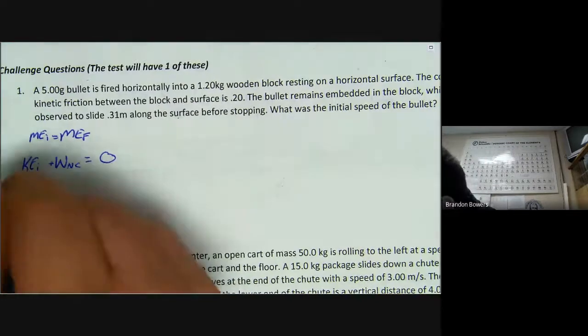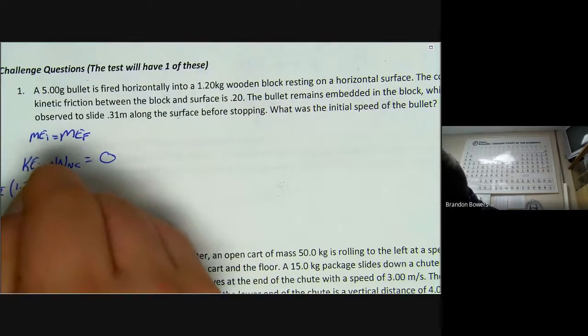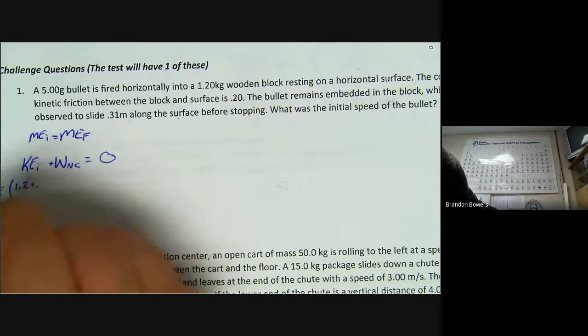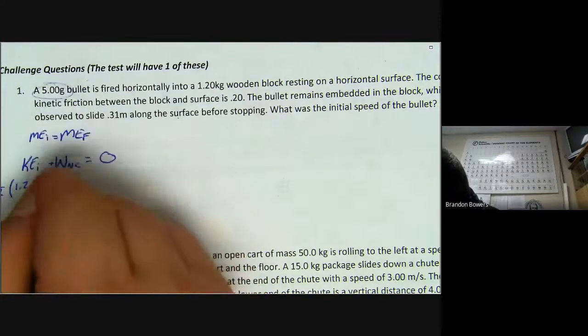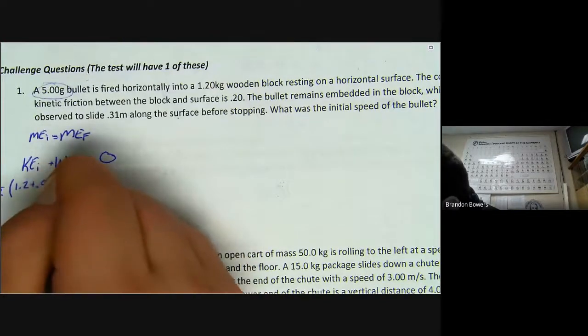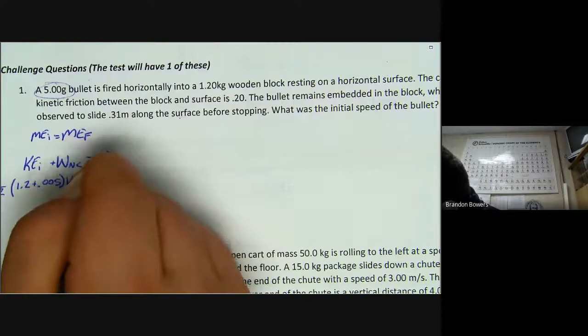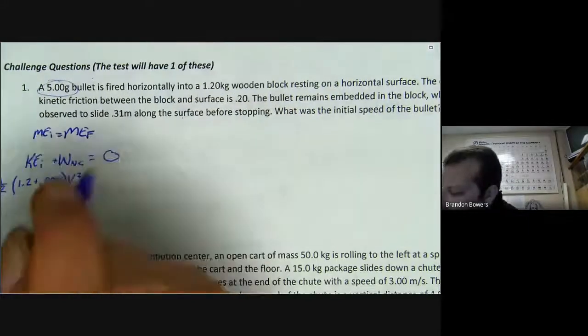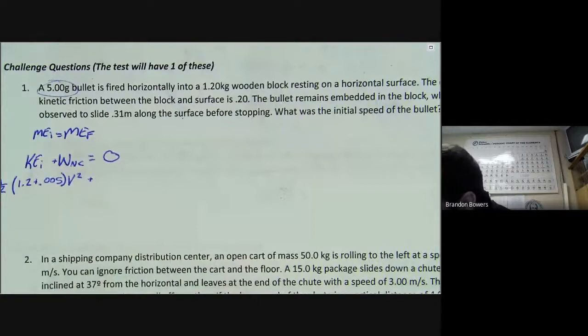So we have kinetic energy is 1/2 the mass of the block plus the bullet. Remember, this is tricky. Convert that to kilograms, 0.005, times velocity squared, plus work non-conserved.